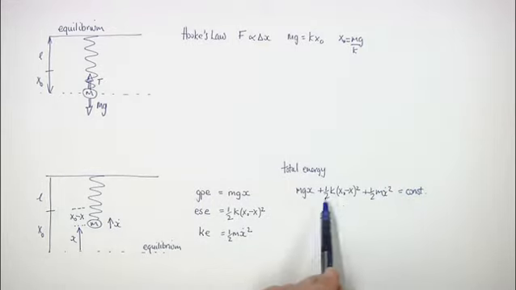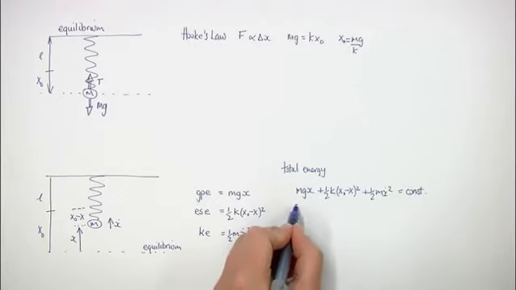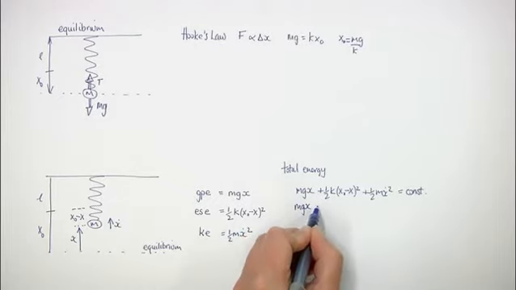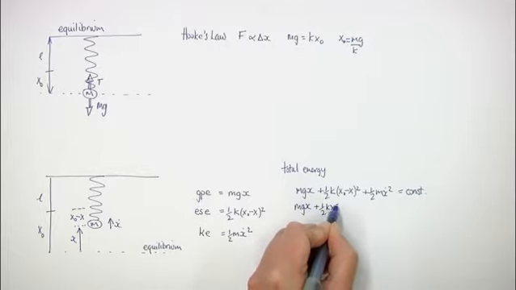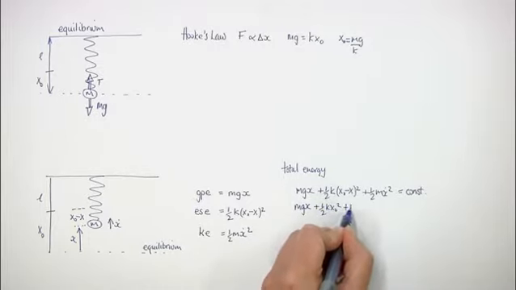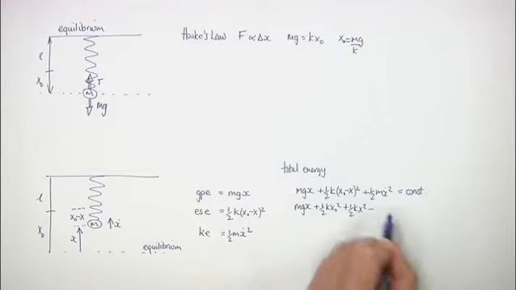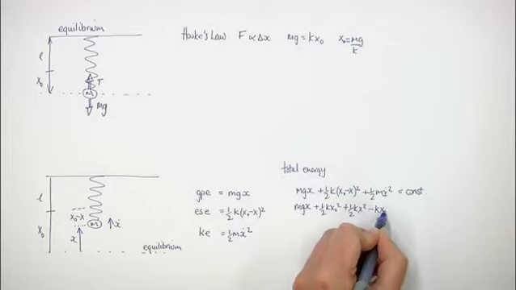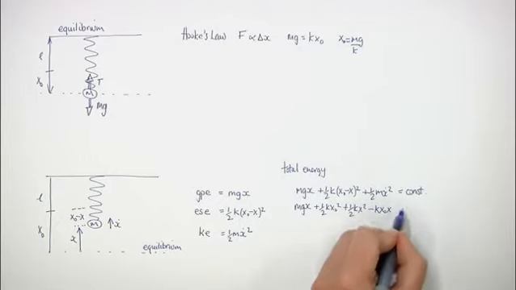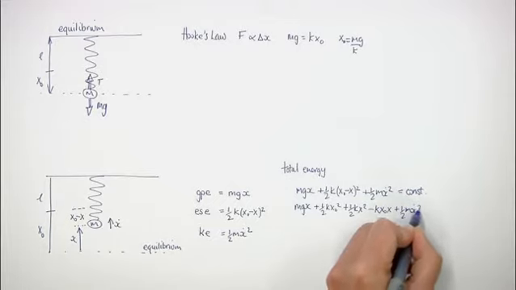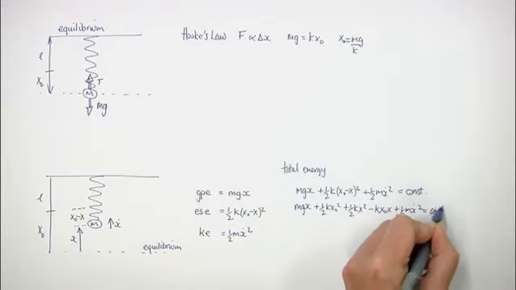So multiplying this bracket out, we have mgx plus a half k x0 squared plus a half k x squared minus k x0 x, and then the final term plus a half m x dot squared is equal to a constant.